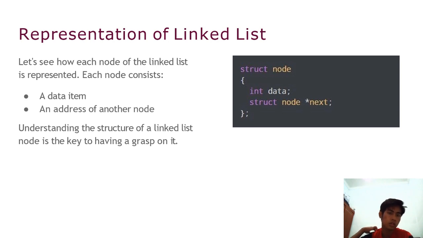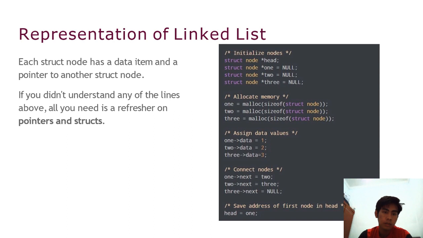Understanding the structure of a linked list node is the key to having a correct grasp on it. Each struct node has the item and a pointer to another struct node.